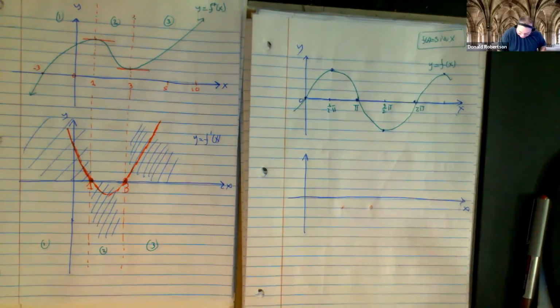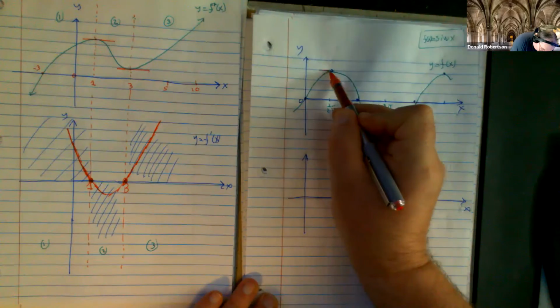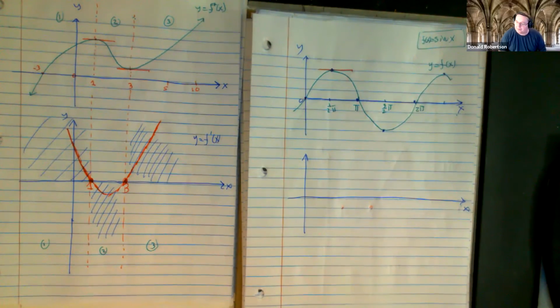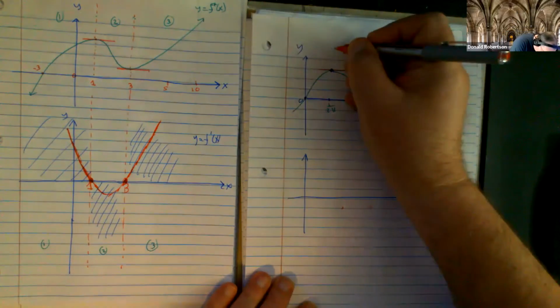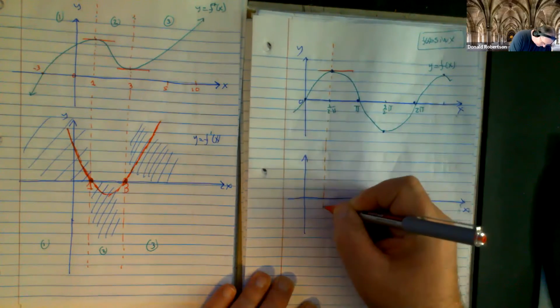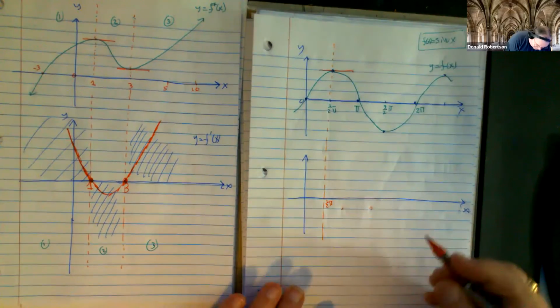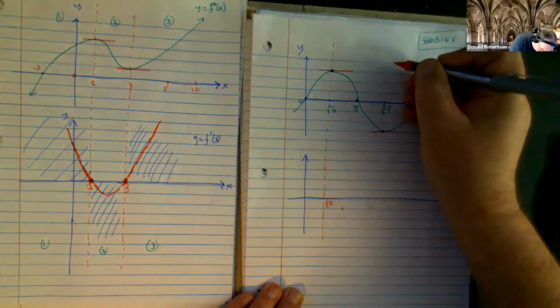Here are some of the key values. Now, in this function here, would you agree that there is a horizontal tangent at a half pi? Would you agree that the tangent line is horizontal? So I'm going to drop this guy down here like that. And that's going to be at a half pi. And isn't there also a horizontal tangent line at 3/2 pi?